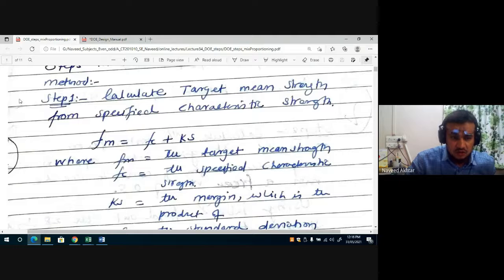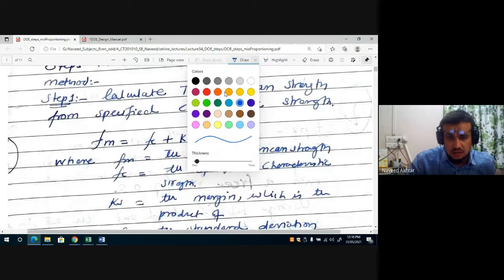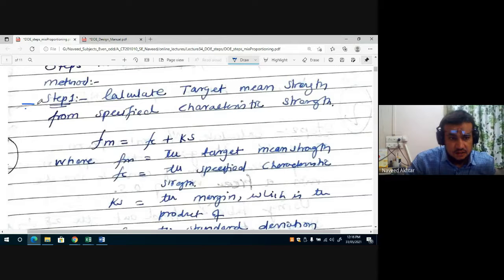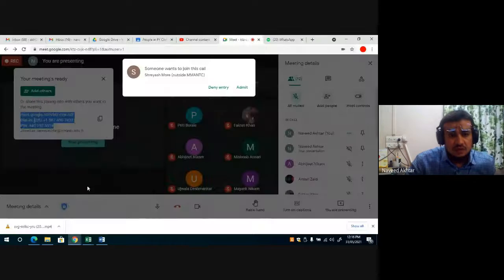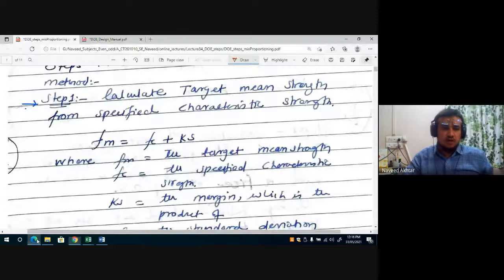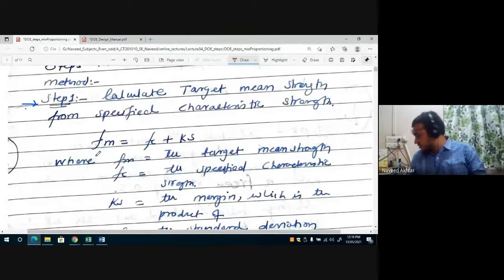You also write down the steps so that it can be easily understandable. You should write down the step-by-step procedure of mix proportioning of concrete by the DOE method.